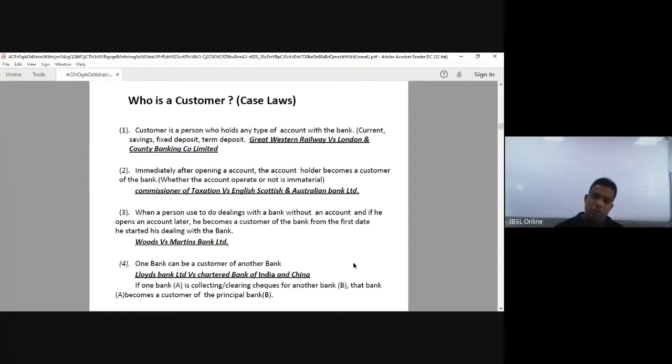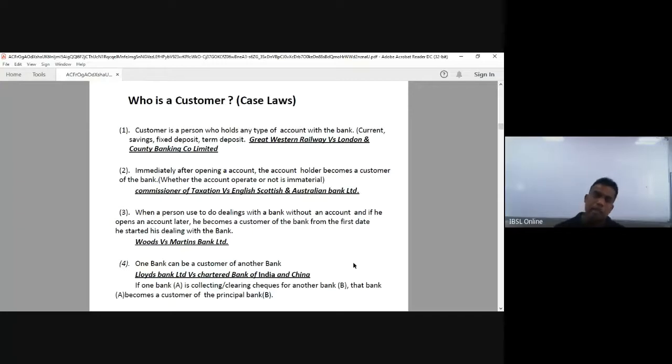Or say a person comes to the bank and wants to open an account. He inquires from the bank whether he can open an account. Can we consider him a customer? He is not a customer of the bank yet, because he has not opened the account.